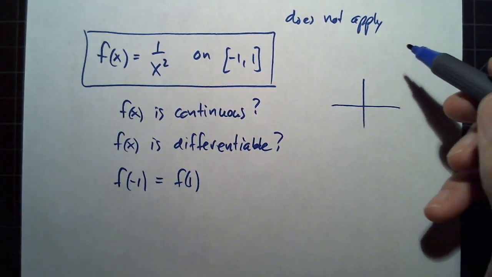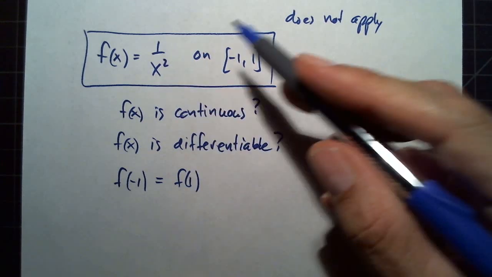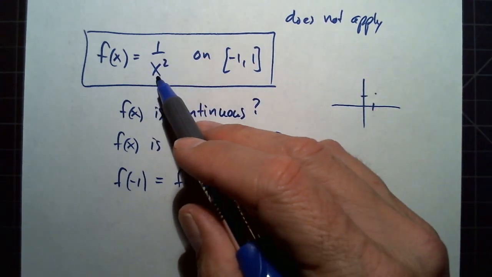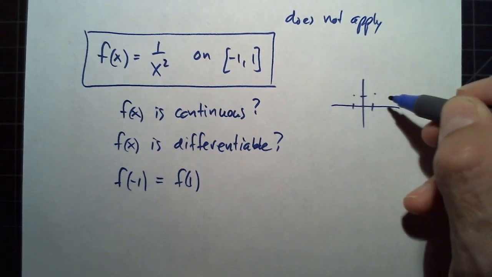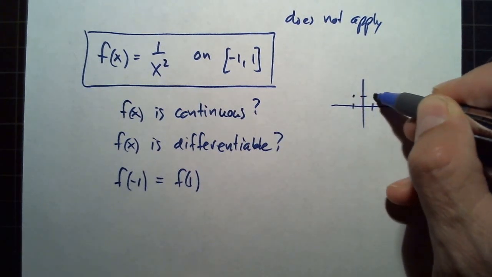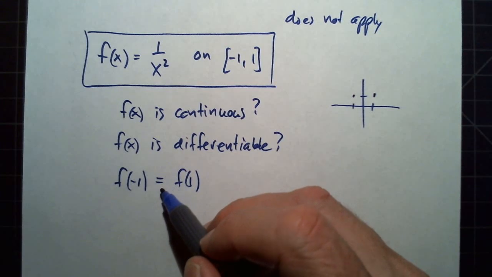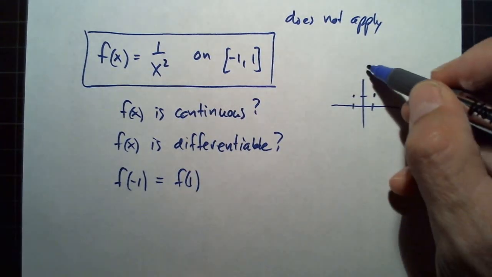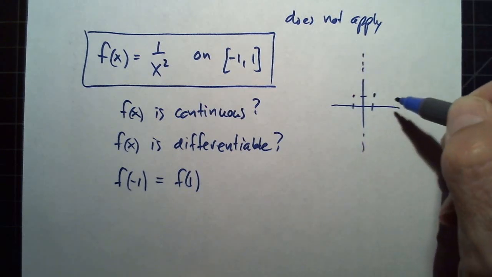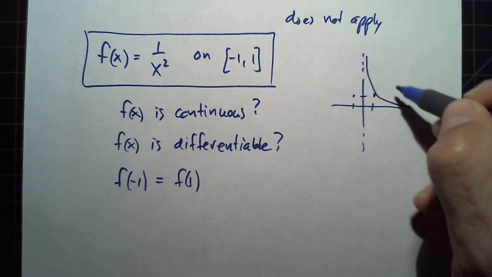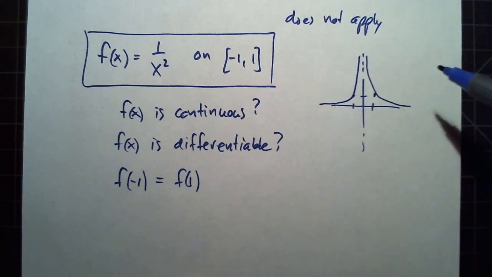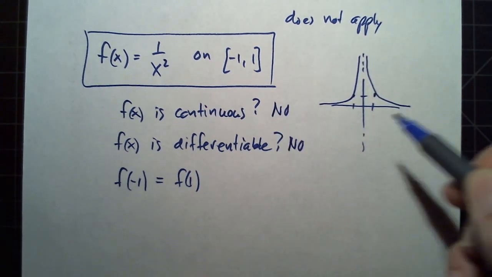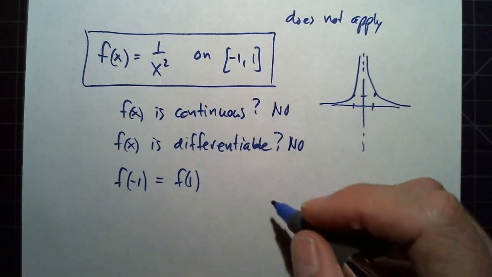If we put 1 here, we get a value of 1. And if we put a -1 here, we also get a value of 1. So it's looking like Rolle's theorem could apply. But if you substitute a 0, it's undefined. And it turns out there's a vertical asymptote, and the graph is going like this. So we'd say that it's not continuous and it's not differentiable on the interval.